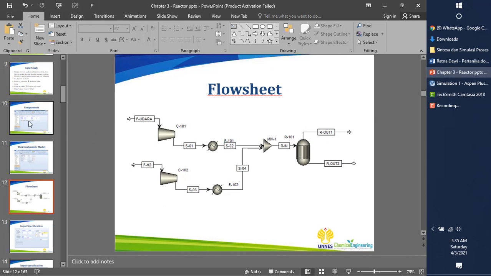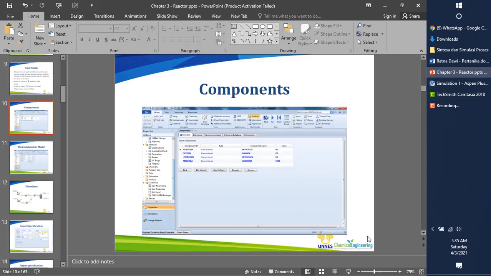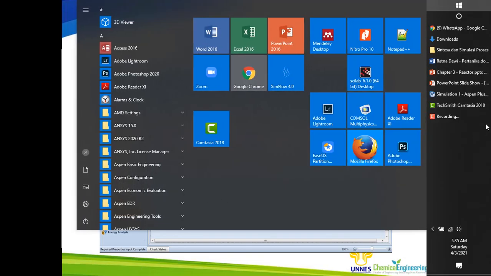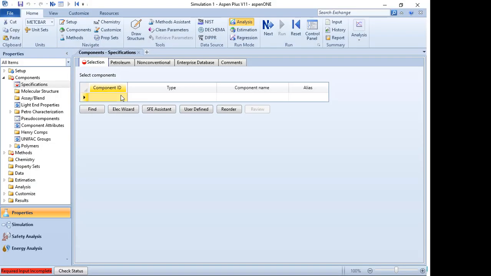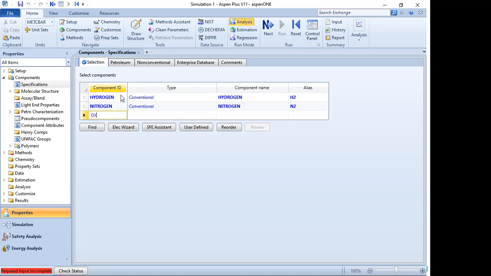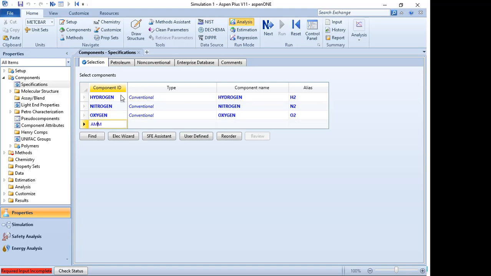So we are going to go to the component. I will do like this. We are going to enter the hydrogen, nitrogen, oxygen, and ammonia.